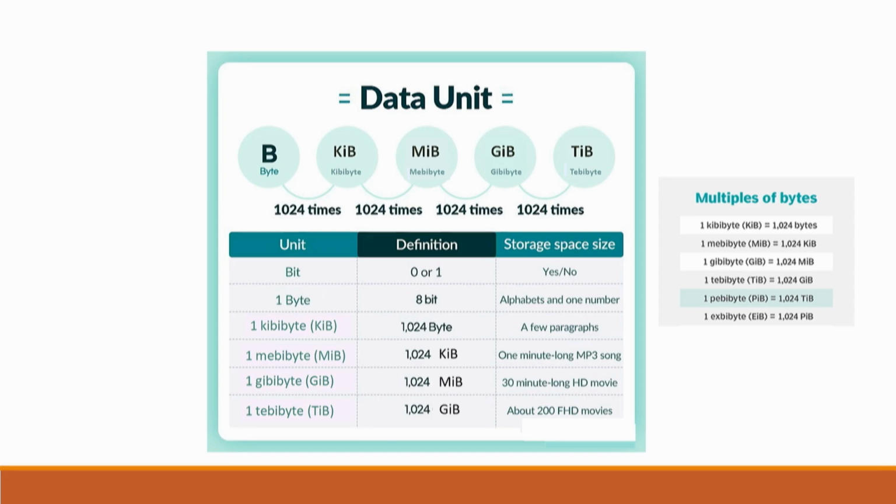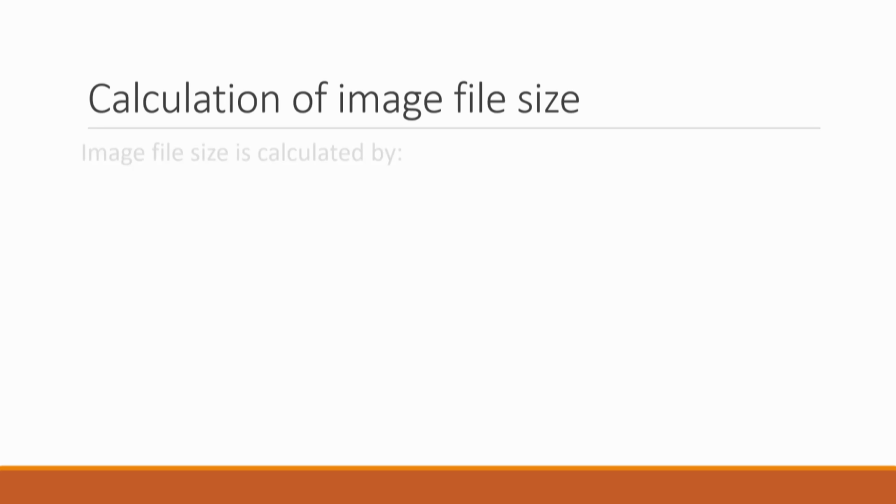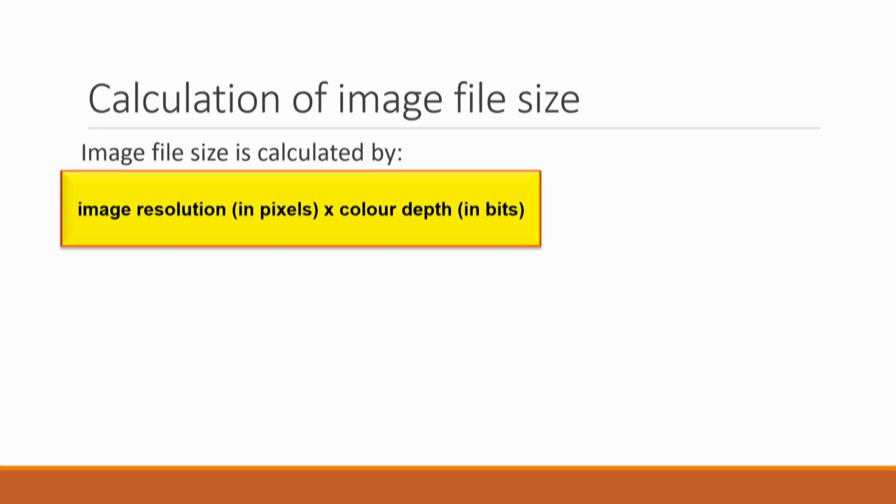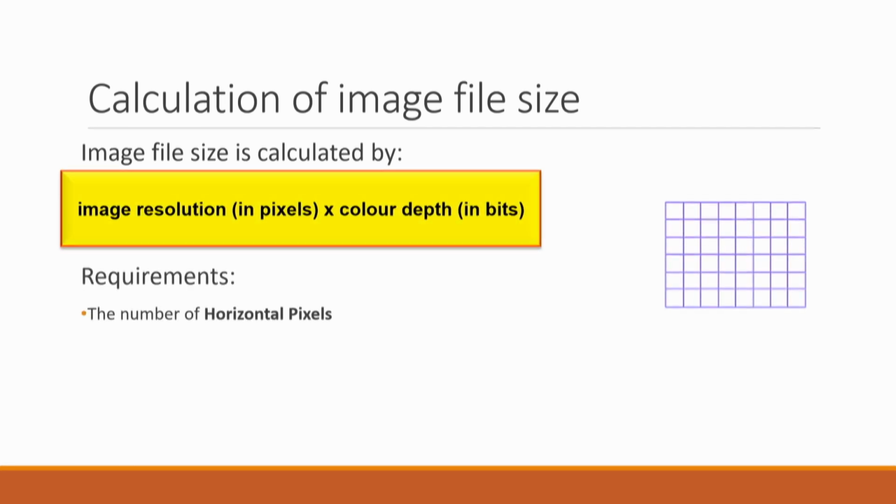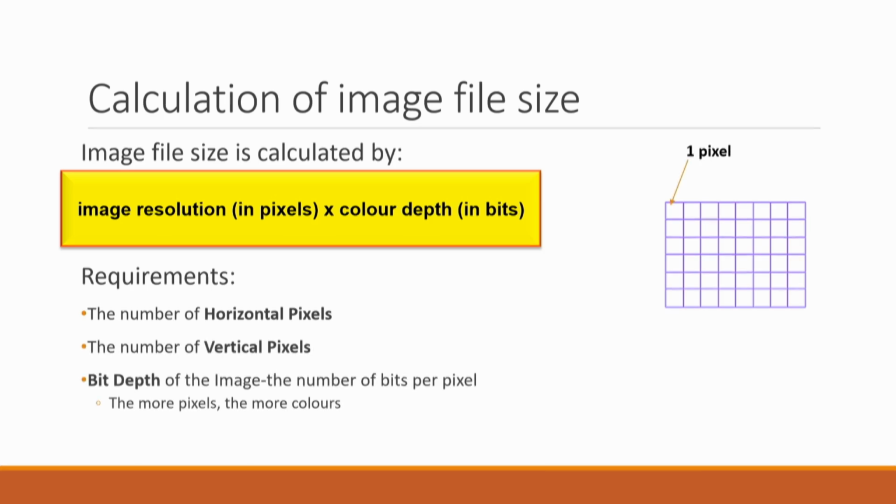Now, let's learn how we will calculate the file size required to hold a bitmap image and a sound sample. In order to calculate the size of an image file, we need to take into account certain values to use in our formula, namely, the number of horizontal pixels, the number of vertical pixels, and the bit depth of the image, that is the number of bits per pixel.